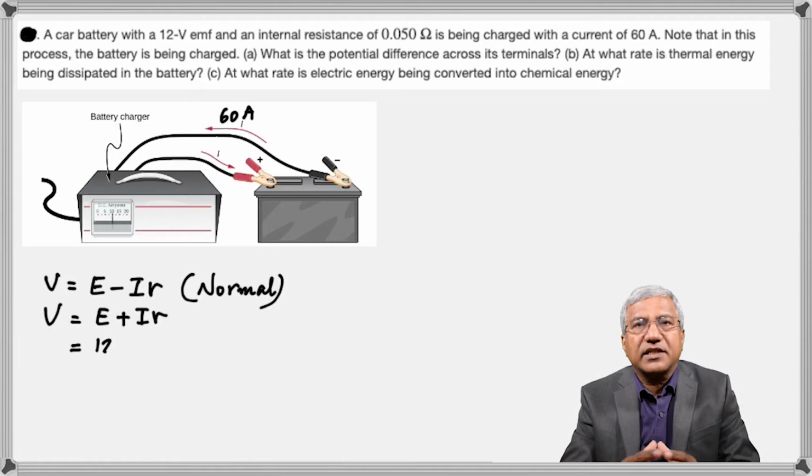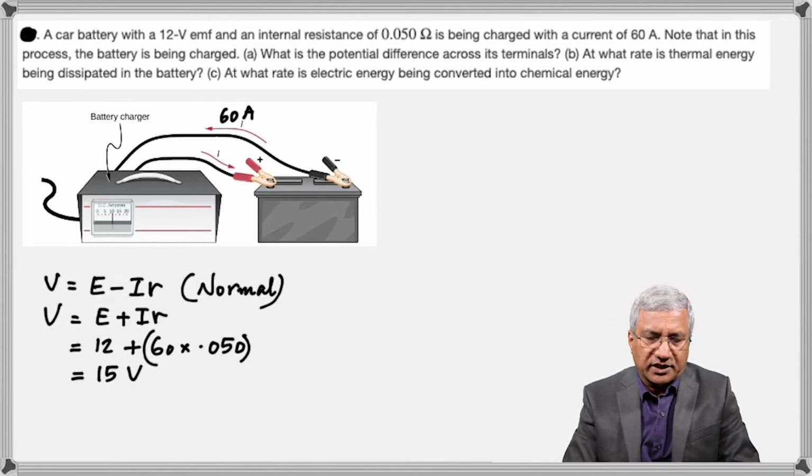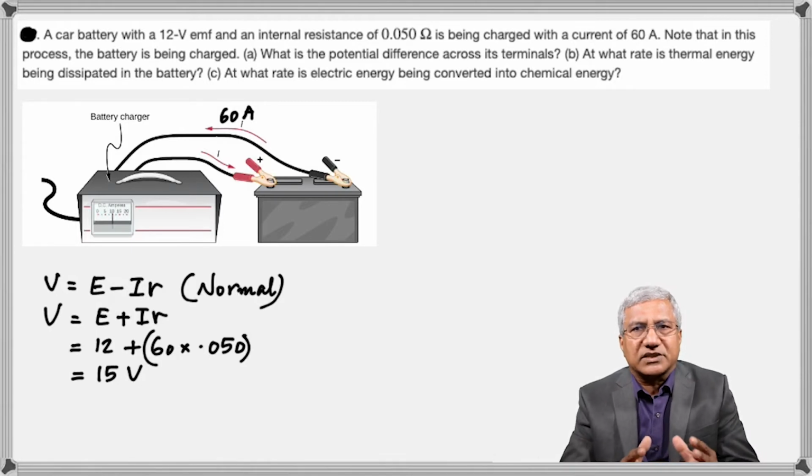In this case, the EMF is 12 volt, the current is 60 ampere, and the internal resistance is 0.050 ohms. When we multiply that and do the calculation, you get 15 volt. So that is the potential difference across its terminals, 15 volt. Next, at what rate is thermal energy being dissipated in the battery?